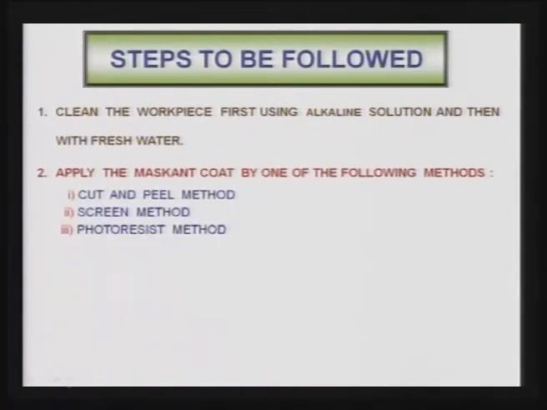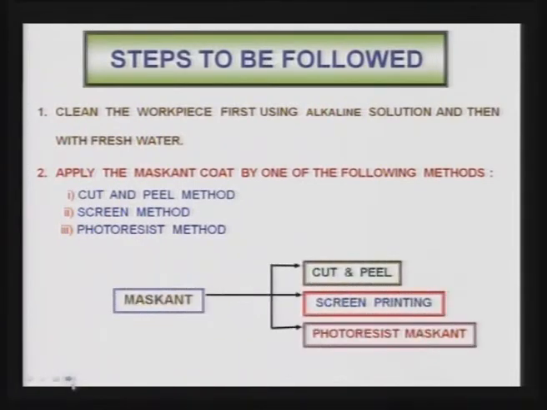Apply the maskant coat by one of the following methods: cut and peel method, screen method, photoresist method. Maskants, as I have just mentioned, can be applied in 3 ways as shown over here.